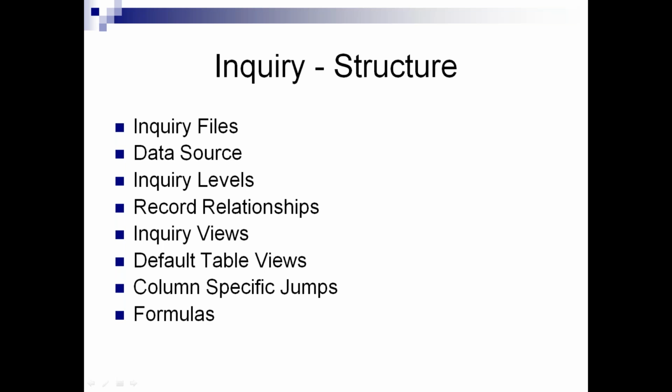We'll talk about column-specific jumps. What we're talking about there is being able to drill down within a specific column to different information specific to that column, and I'll demonstrate that for us. And again, a review on formulas.